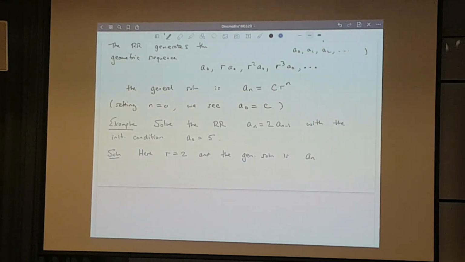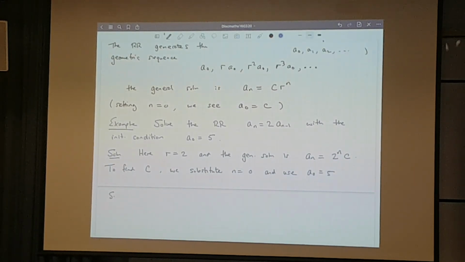The general solution is that a_n is 2 to the n times C, where at the moment C is an arbitrary constant. Then we plug in the initial conditions and work out what C is. To find C, we substitute n is 0 into the general solution and use that a_0 is equal to 5.